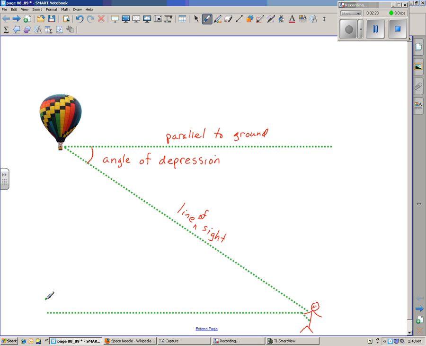And this angle right here is called the angle of elevation. So it depends on your point of view.